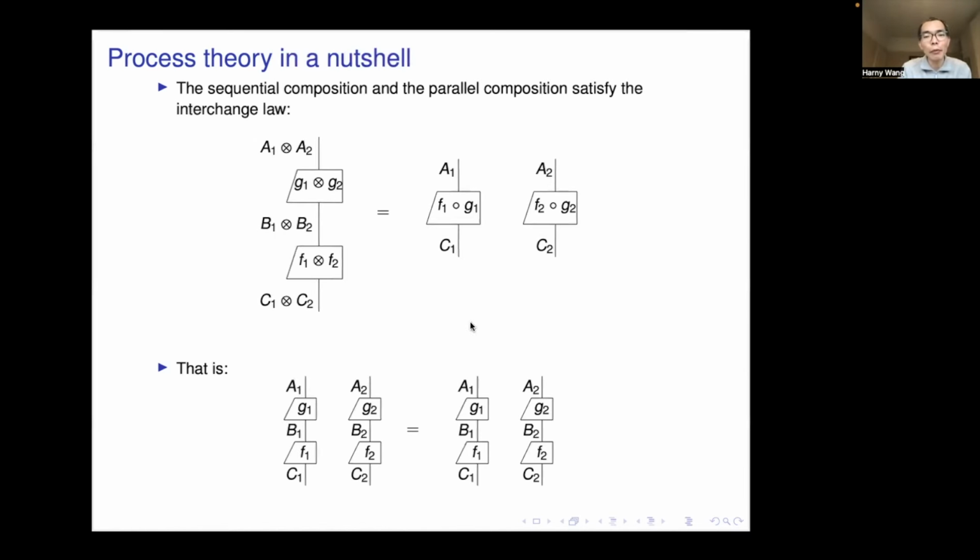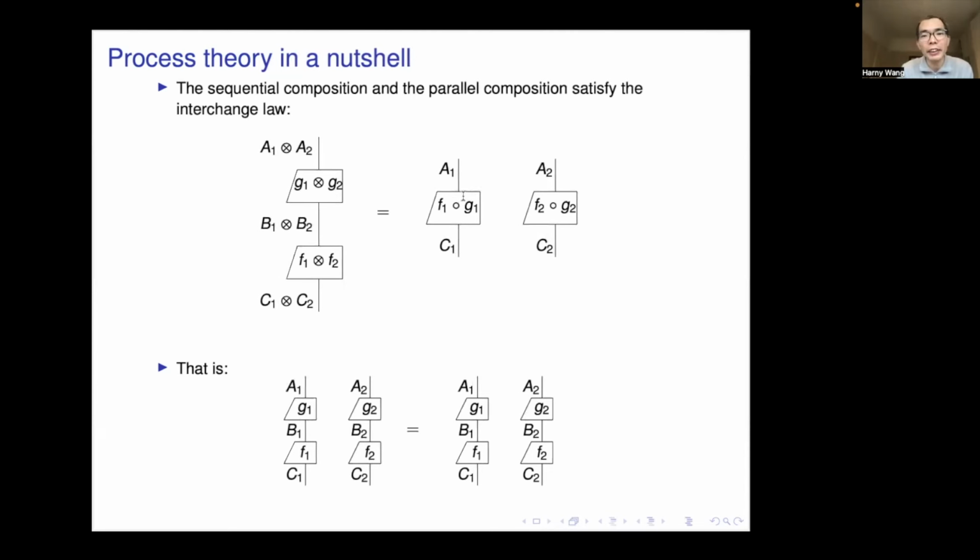Or in another way, I can first sequentially compose G1 and F1, and at the same time compose G2 and F2. Then I get F1 composed with G1, F2 composed with G2, and then I see them respectively as a whole process, and then I compose them in parallel, at the same time.